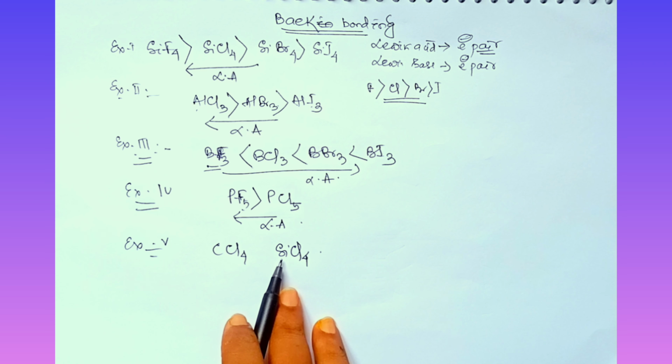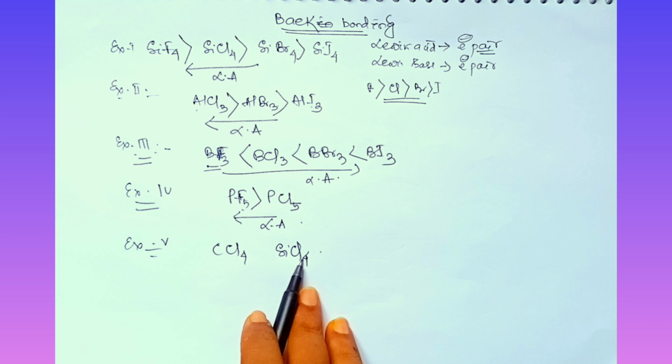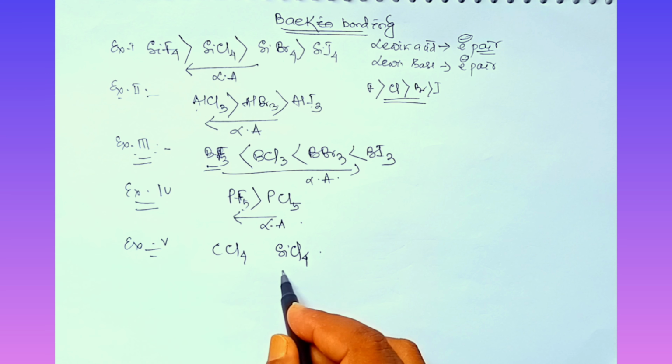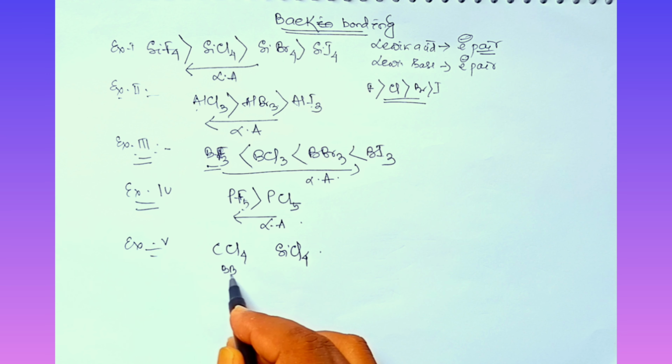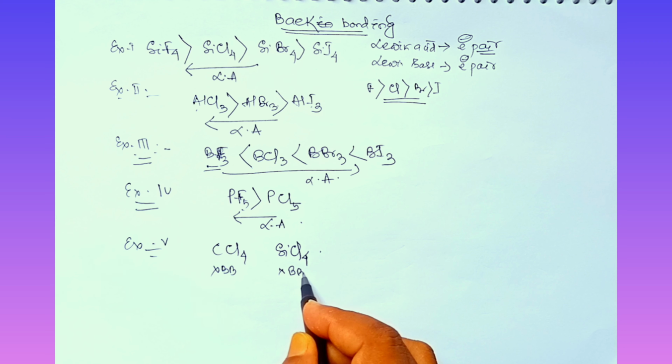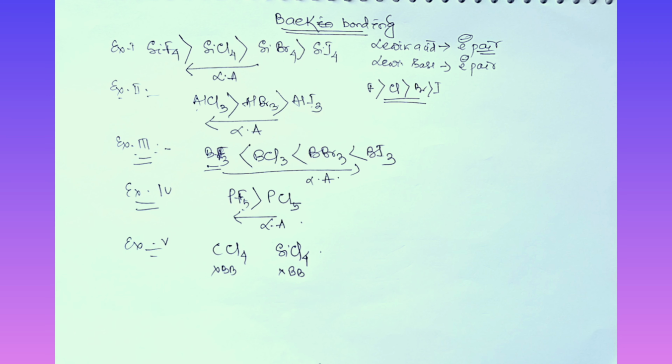That means silicon belongs to the third period and chlorine also belongs to the third period. So here no effective back bonding. So we can say here also no back bonding and here also not so effective back bonding.